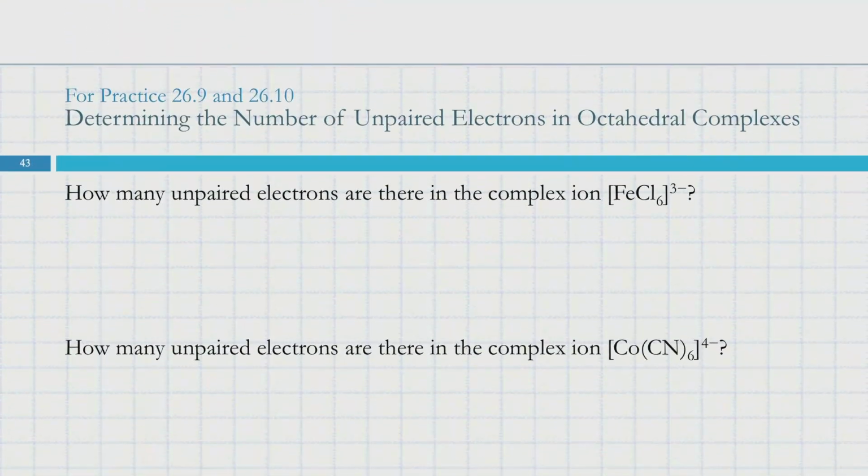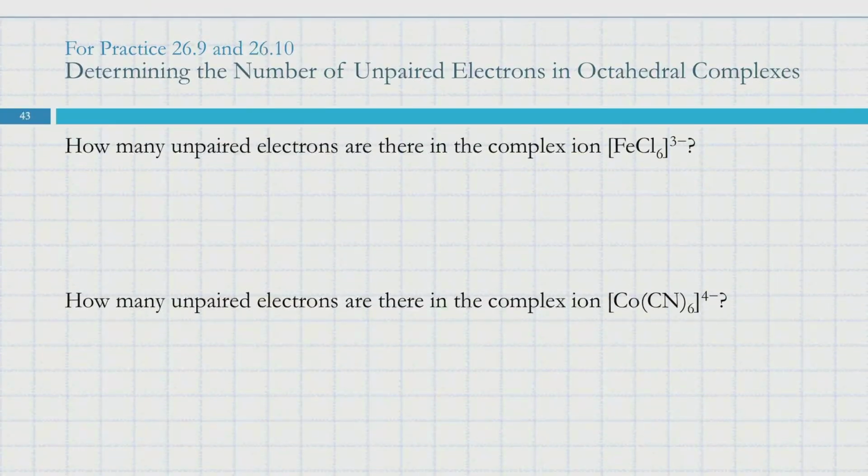All right, how many unpaired electrons are there in the complex FeCl6? How many unpaired electrons are there in the complex ion CoCN6 4-? Who remembers what our halogen chloride is in terms of strong or weak field splitting?